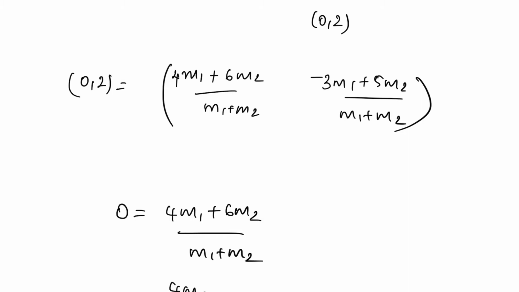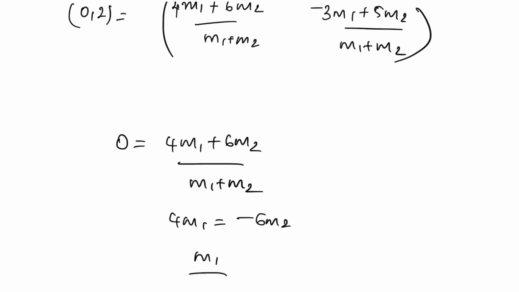So 4m1 equal to minus 6m2, m1 by m2 equal to minus 6 by 4, that is equal to minus 3 by 2.